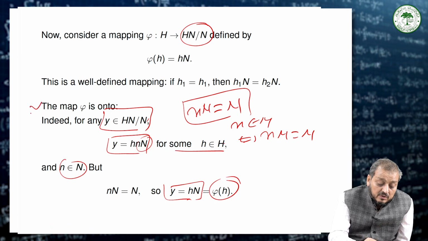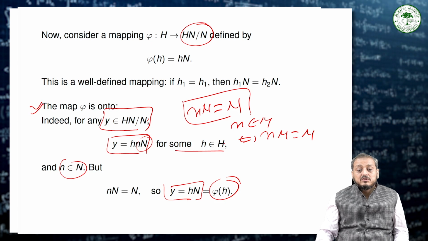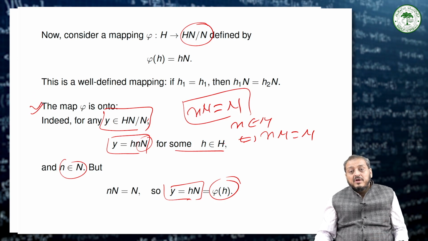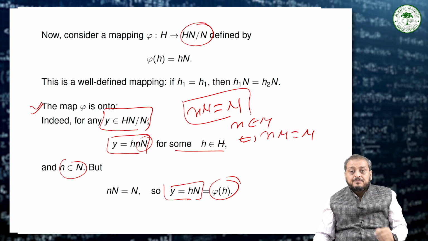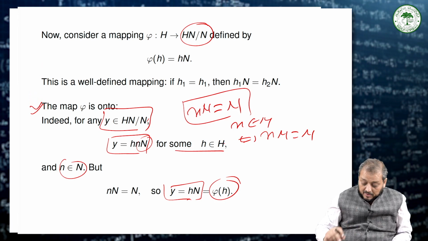This means clearly we show that this map phi is onto, and the next step is showing that this map is clearly a homomorphism.